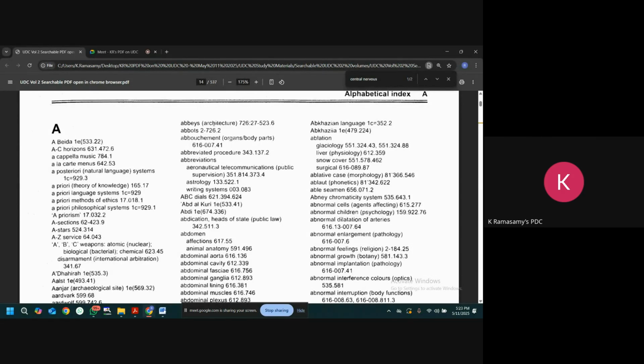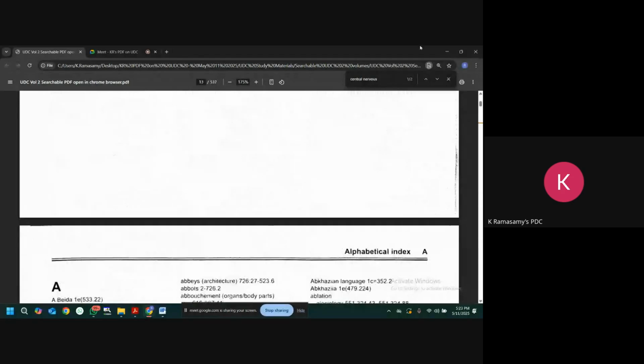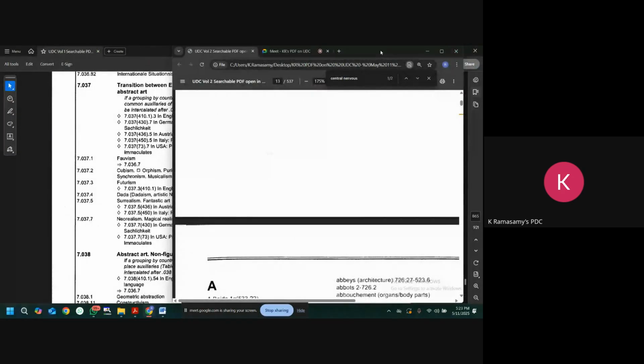In the case of abbreviations, it's in small letters. Starting from A, it goes on till Z. So this is volume 2, which is called the alphabetical index. So this is about the alphabetical index.